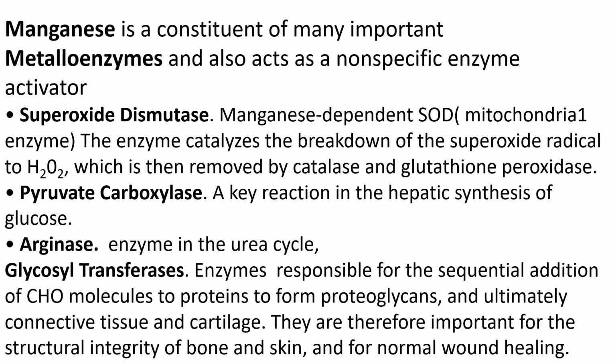Then one more enzyme, arginase. Arginase is an important enzyme of a pathway called the urea cycle. And then glycosyl transferases. Glycosyl transferases are responsible for the transfer of glucose residues to proteins like proteoglycans or glycoproteins.